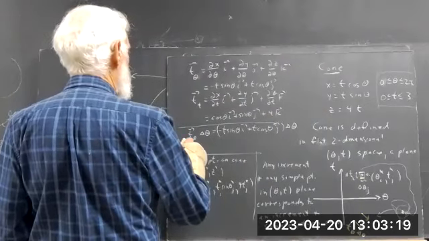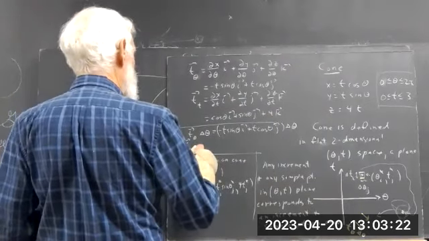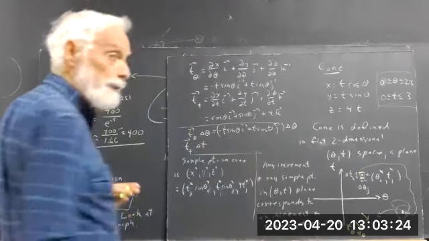Then we have our T sub T times delta T, too many T's in here.